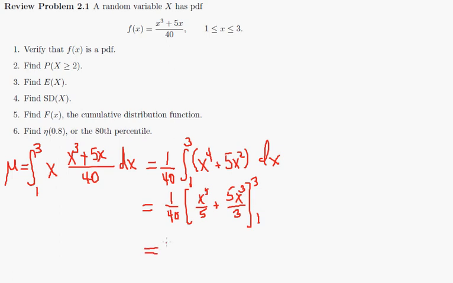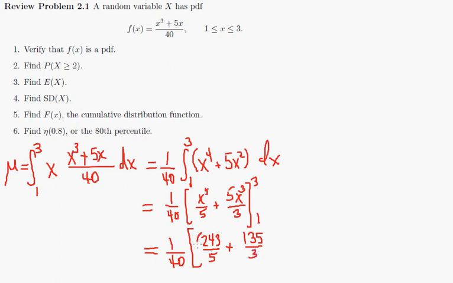And so we plug in, we get 1 over 40. First we have 3 to the 5, which is 243, divided by 5. Then plugging in 3 for this one, we get 27 times 5, and 27 times 5 is 135, divided by 3.